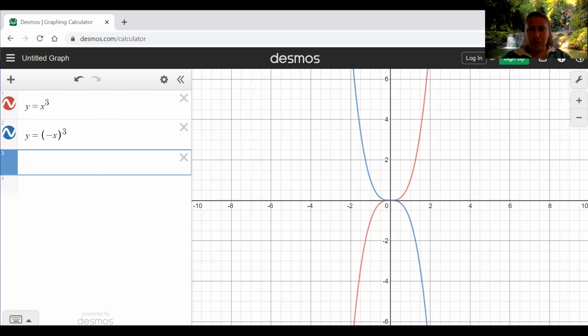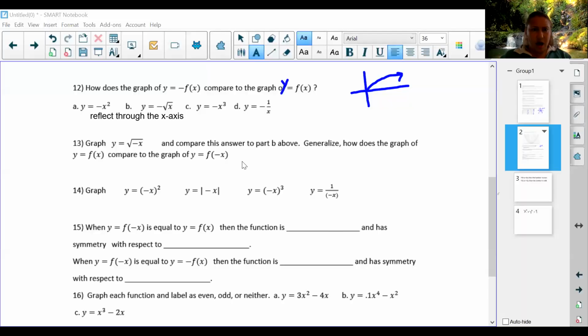So if I were to stop this share and go back to this share, so what happens when I negate the x?